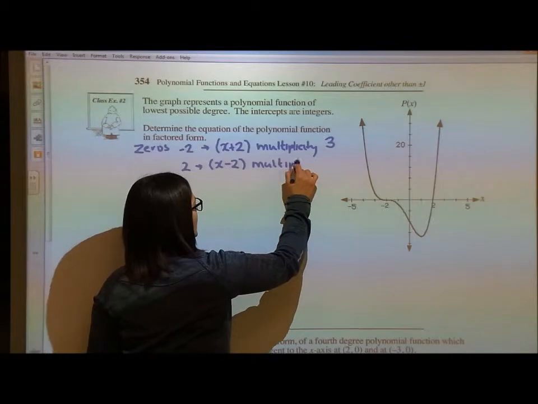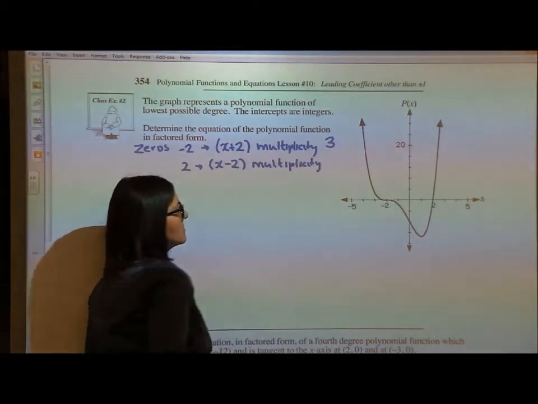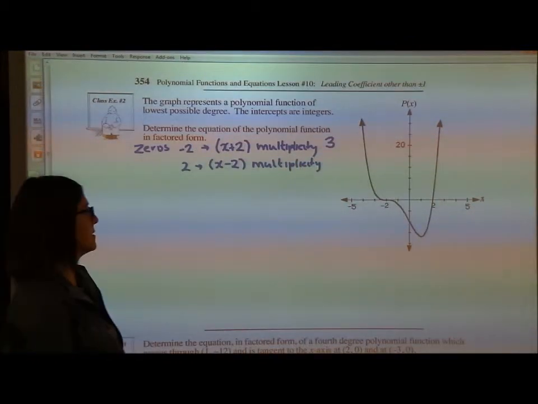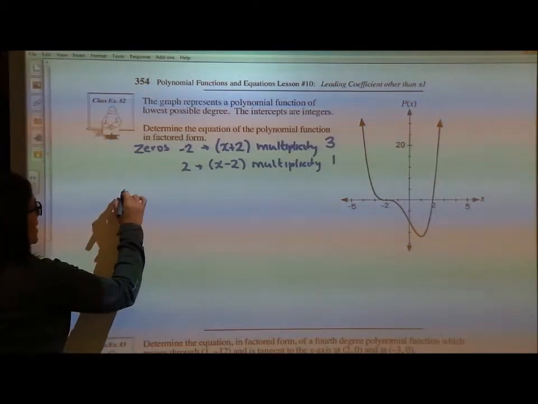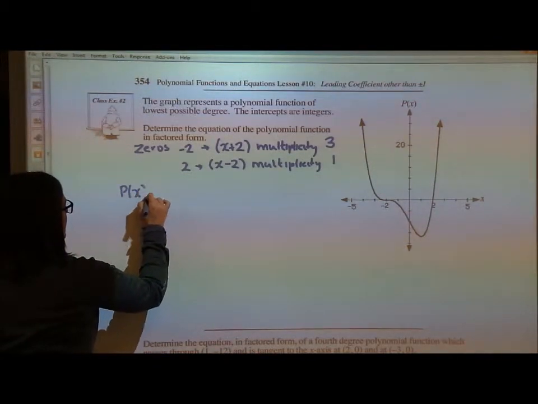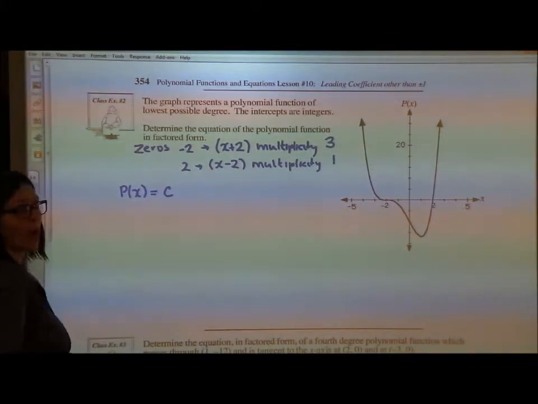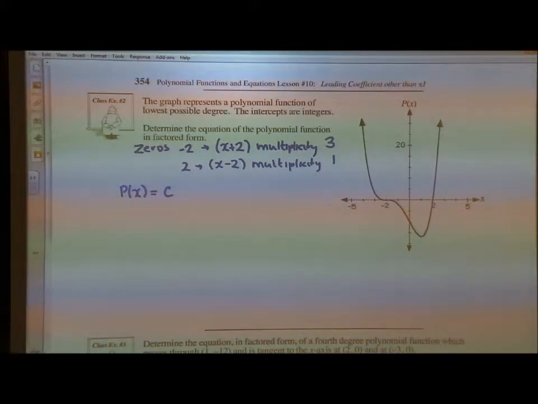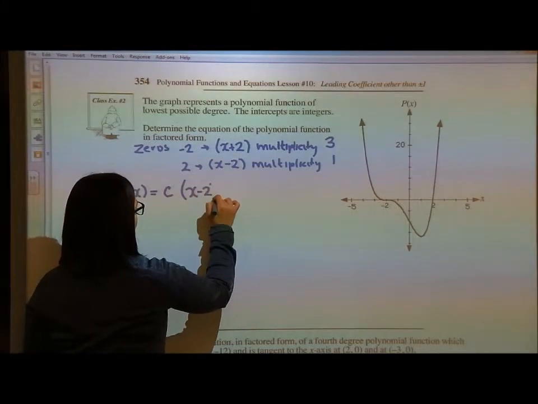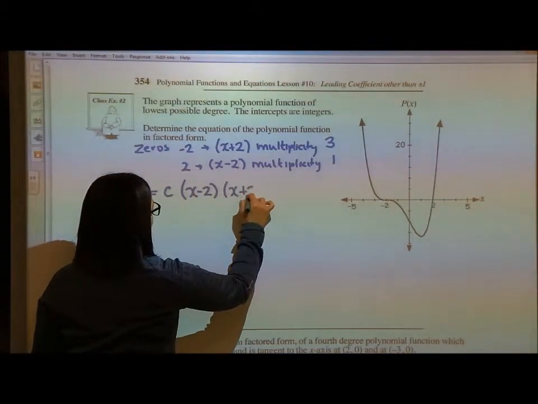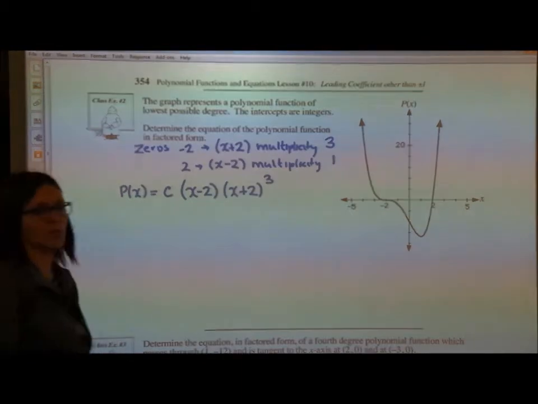And what's the multiplicity? 1. So then my polynomial function p of x is going to start off with that leading coefficient c. I don't know what c is right now, but I'm going to include it in there. And then I have x minus 2 and x plus 2 cubed.